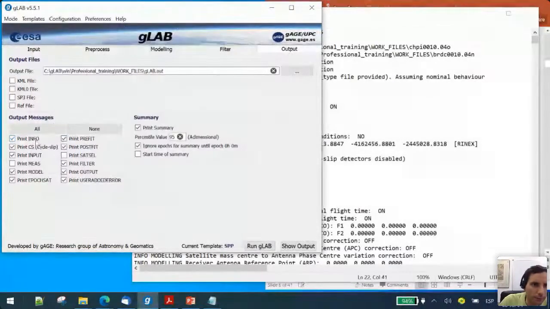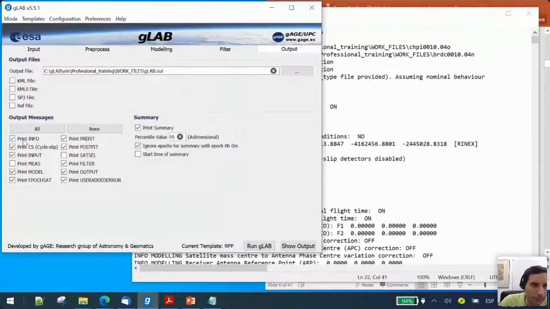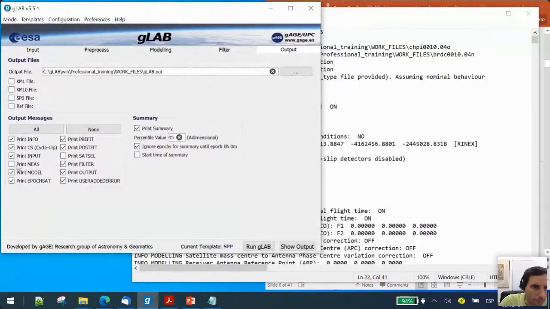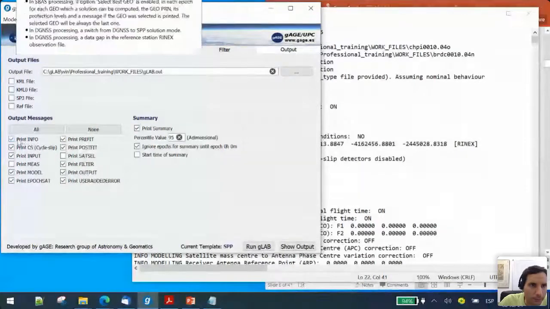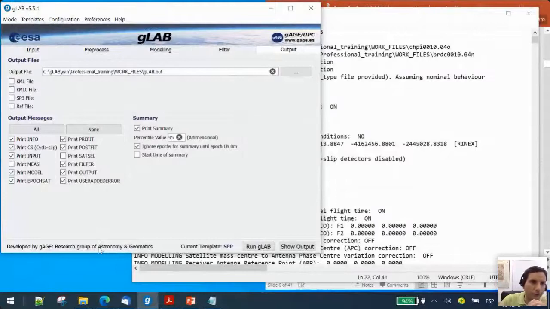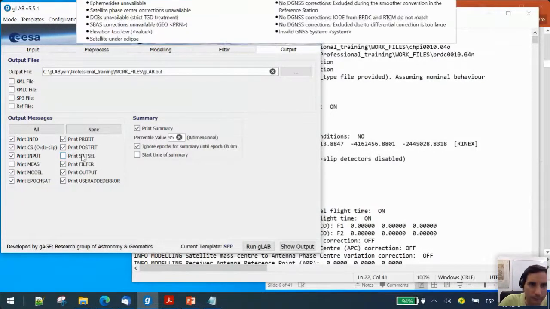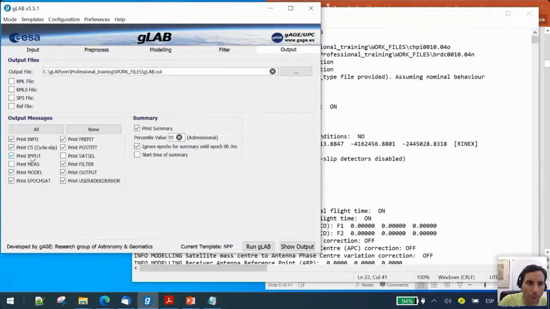I need to be still with the mouse. Well, I hope that in your desktop configuration you can see the explanations. For example, this one, the MEAS message or the input.